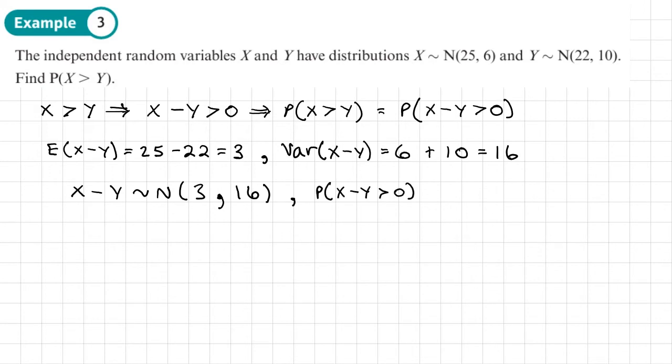Now I'm going to draw a diagram, you don't need to. So this is the distribution of x minus y, normally distributed. It has a mean of 3 and a standard deviation of the square root of 16, which is just going to be 4. And I want to find the probability that this distribution is greater than 0.